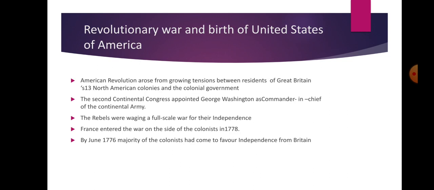Next we'll see the Revolutionary War and the birth of the United States of America. The Revolutionary War was also known as the American Revolution. It grew from the growing tensions, the immediate causes like the Sugar Act, Stamp Act, Declaratory Act.